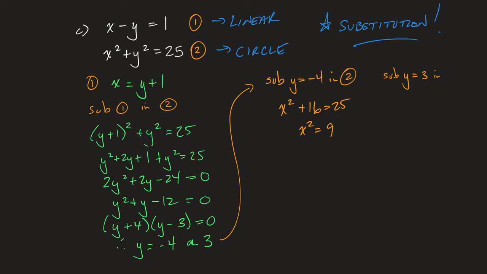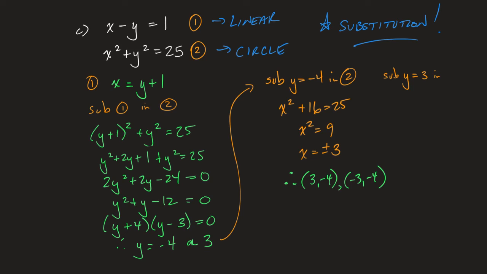Get rid of your 16, and when I take the square root of 9, I get 2 answers, +3 and -3. What that tells me then is I have 2 points of intersection, (3, -4) and (-3, -4). That's what that tells me.